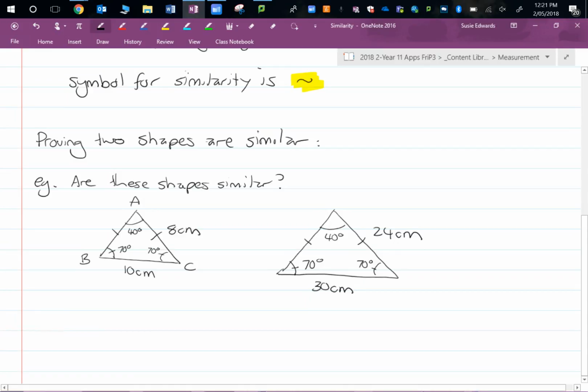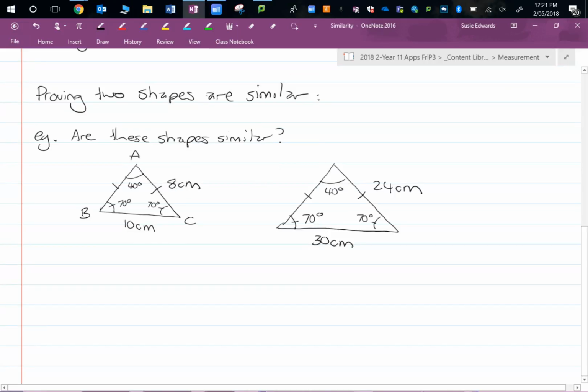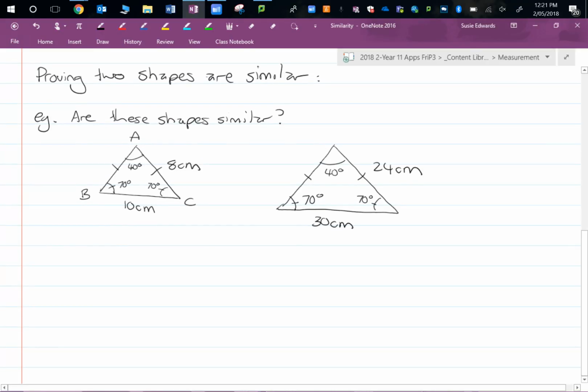All right, so are these shapes similar? Yes. What's the scale factor? 3. So we know that straight away. However, if I asked you to prove it or show why they're similar, we need to do a particular set of working out to show that.